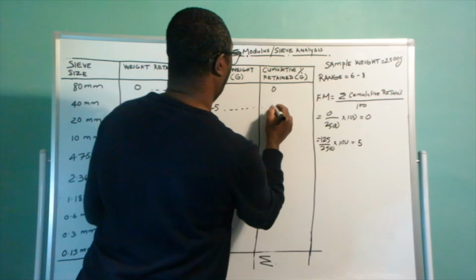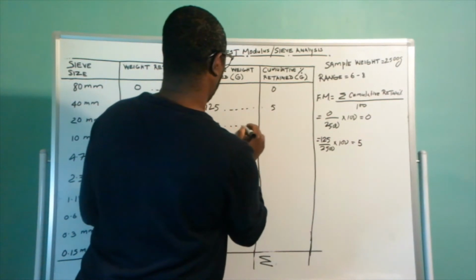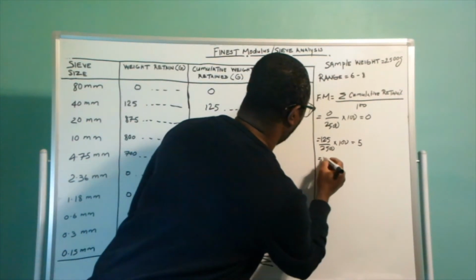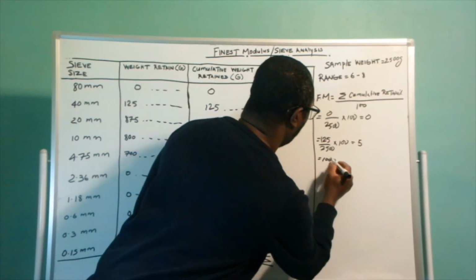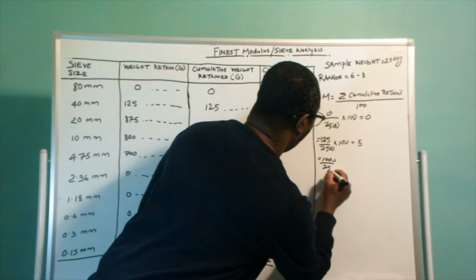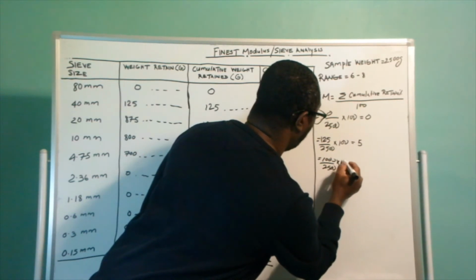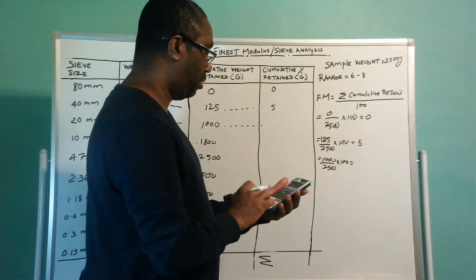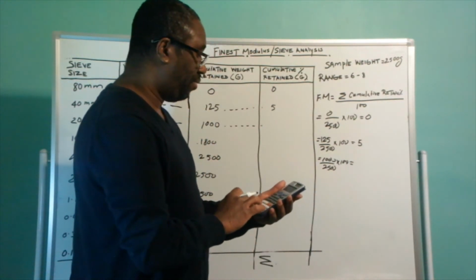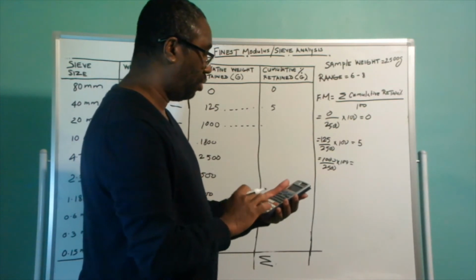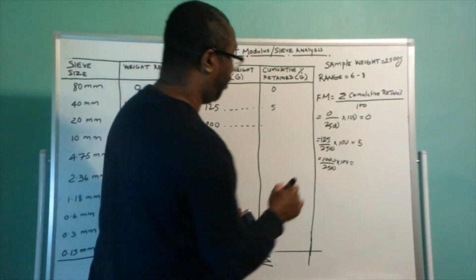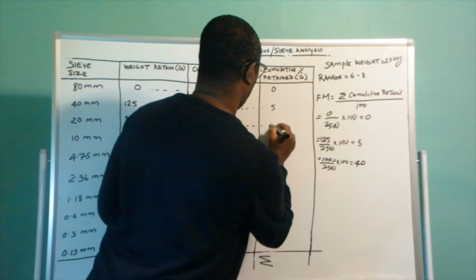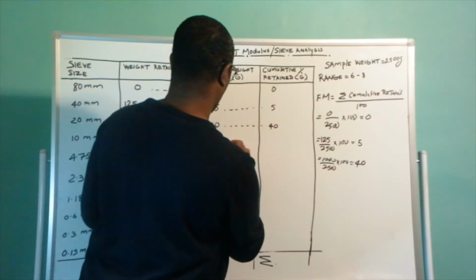So we carry a 5 here. We do the same thing for this. So this is going to be 1,000 over 2,500 times 100, right? So 1,000 divided by 2,500 times 100. This is going to work out to be 40, right? Carry over 40 right here.